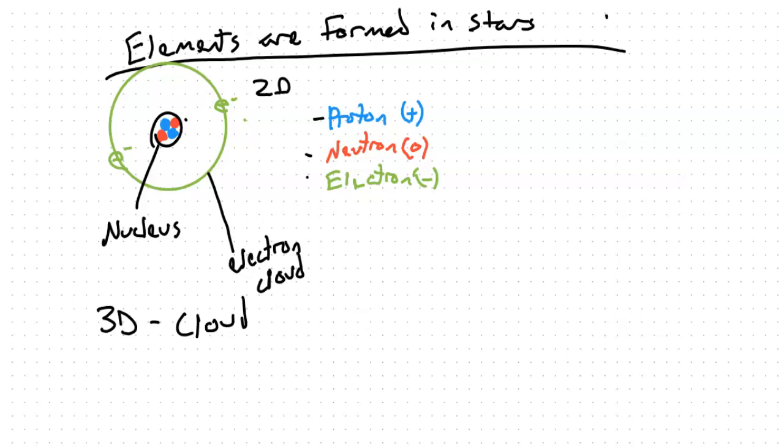So these atoms here, when you have a hydrogen, hydrogen has 1 proton, 1 neutron, and one electron.